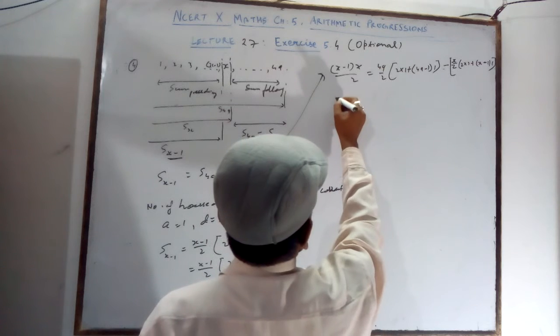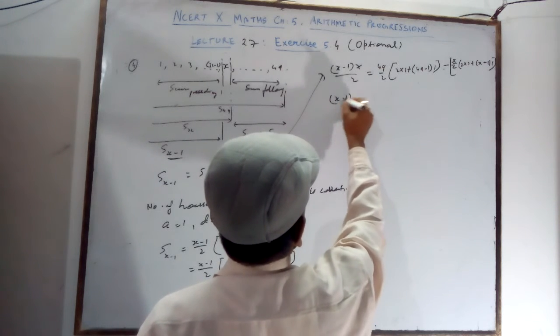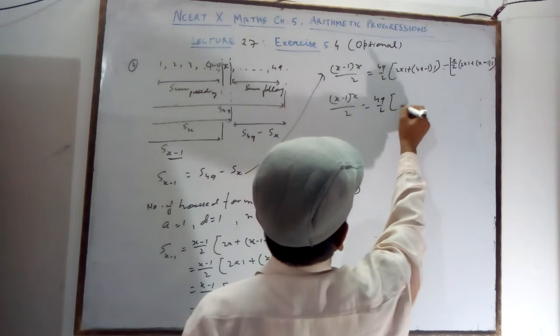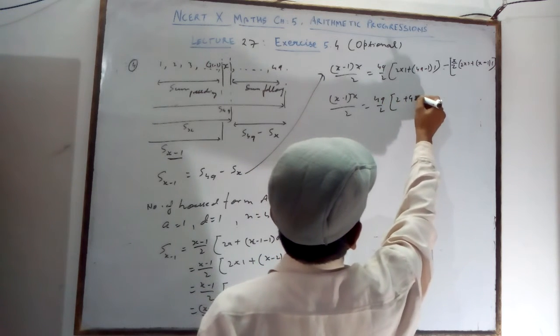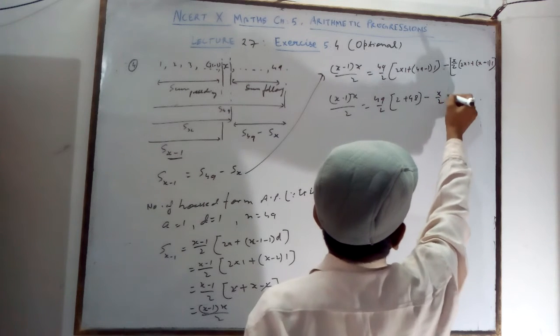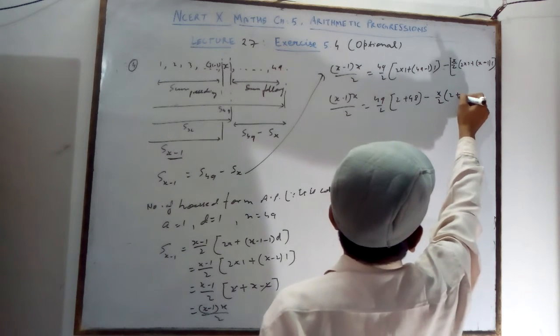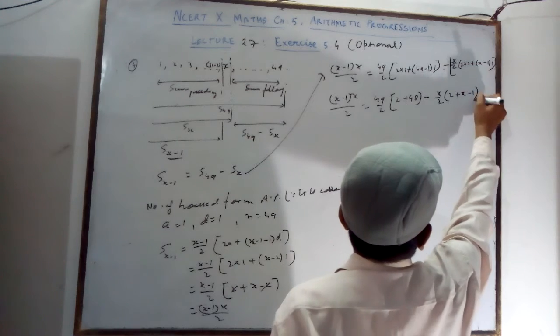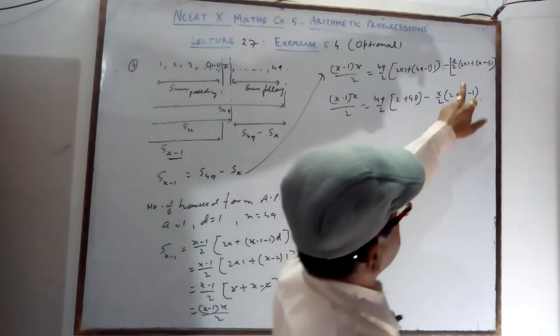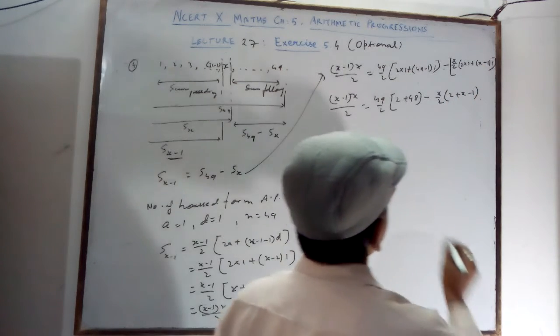Applying the formula, (x minus 1) into x whole by 2 is equal to 49 by 2 into (2 plus 48) minus x by 2 into (2 plus x minus 1).